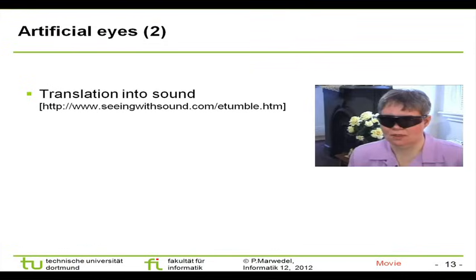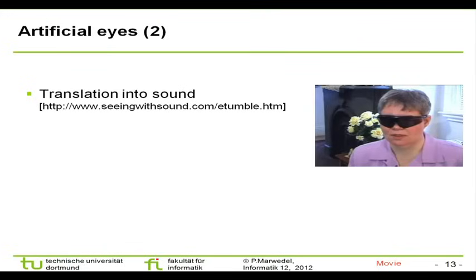So, here is an attempt, that is translation into sound. You can look at this, seeing with sound, and you can see the typical features of this system. You can think of several such applications, where you can help these people using embedded systems.